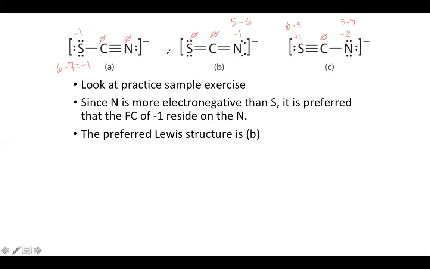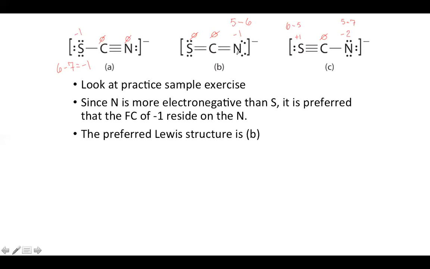And in this case, now we're looking at A versus B. In A, the -1 formal charge is assigned to the sulfur, whereas in B, the -1 formal charge is assigned to nitrogen. If we're trying to determine which structure is the better one, we want the negative formal charge to be on the more electronegative atom.